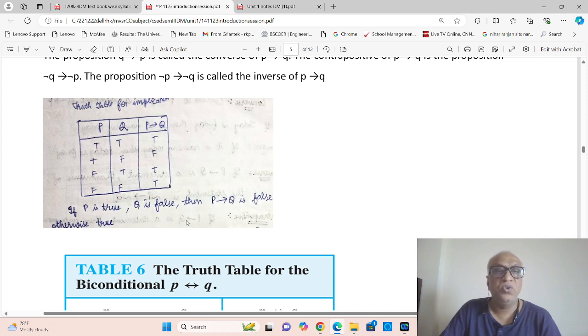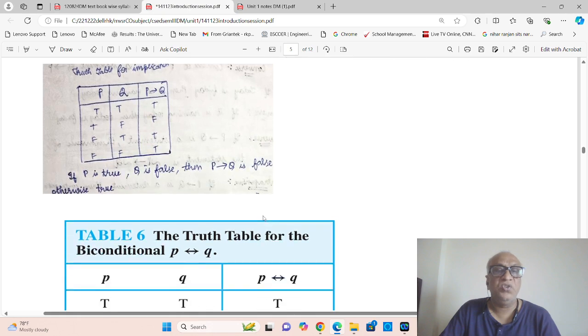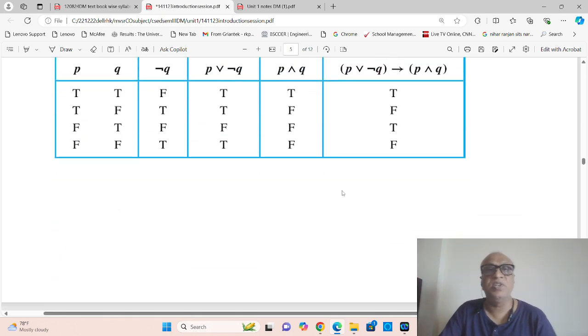If P is true, Q is false, then P implies Q is false. Using that truth table you can simplify this.